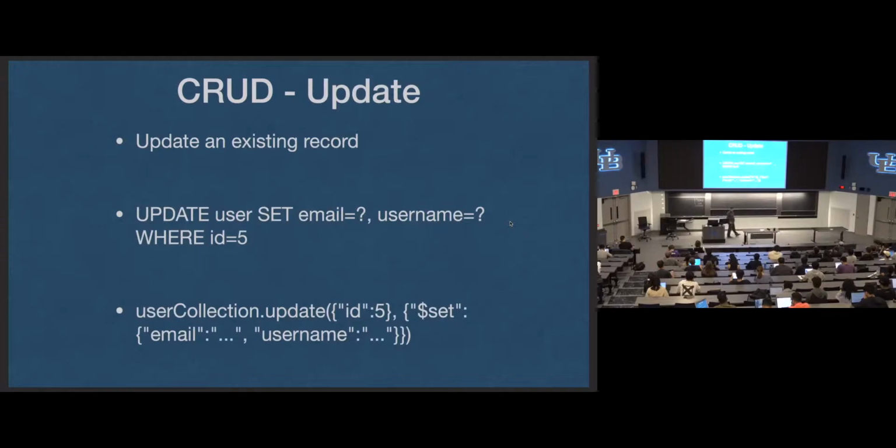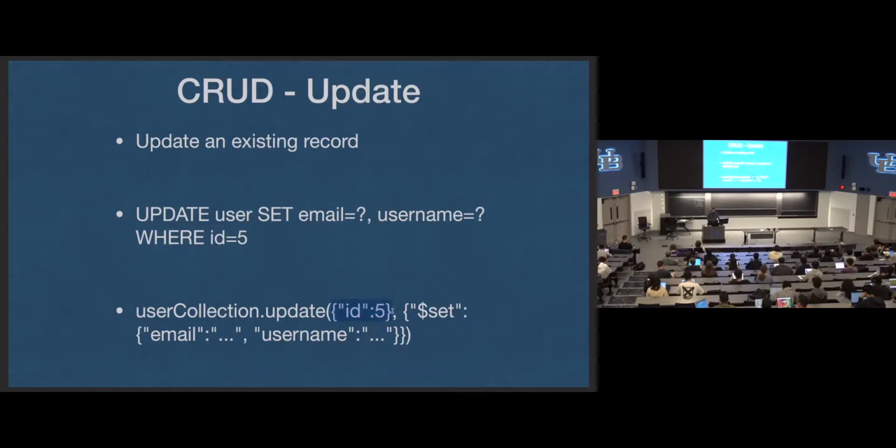And update, which I didn't show examples of last time when we were talking about databases, but update an existing record that already exists. So set email and username with an ID, or update with this syntax for MongoDB. You're going to give it a filter for MongoDB, a filter just like find.